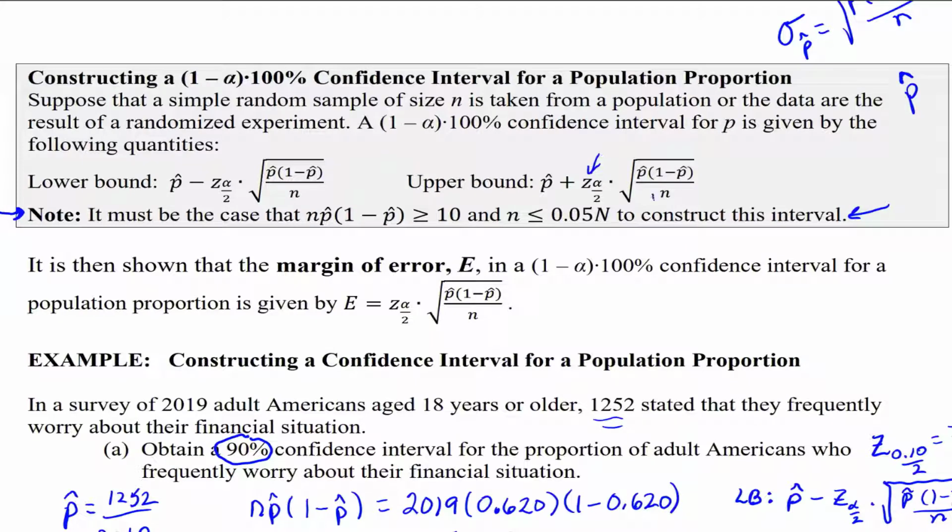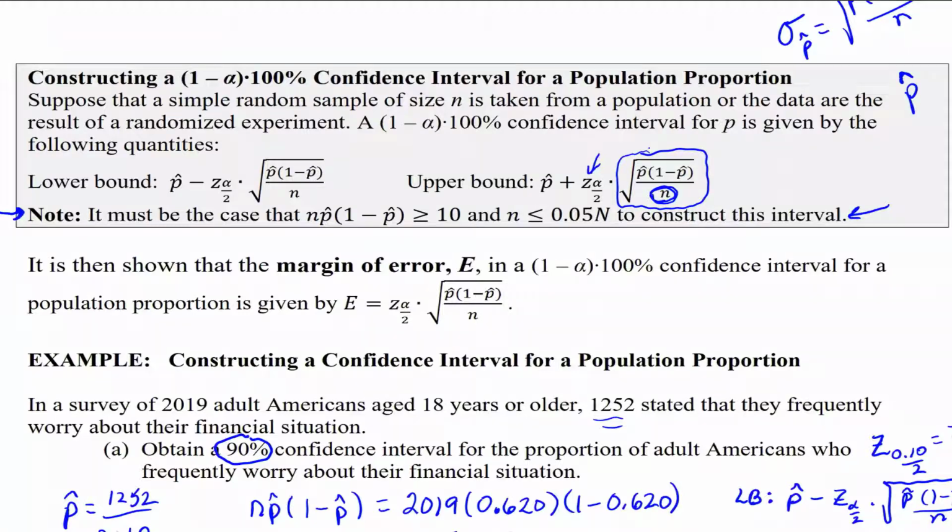And the other thing that can impact your margin of error is the sample size. Right. And if I make N get bigger and bigger and bigger, this whole fraction gets smaller and smaller and smaller, which makes my margin of error smaller. Right? So I can get more precision in my interval also by increasing my sample size. Gotcha. Which should make sense.